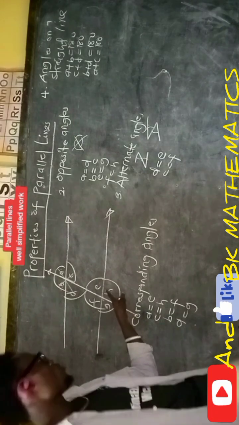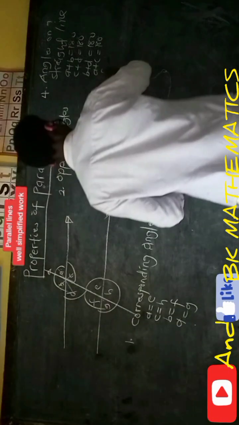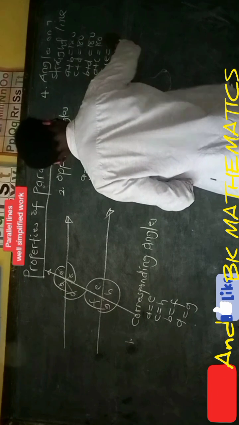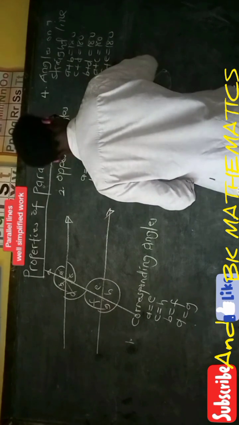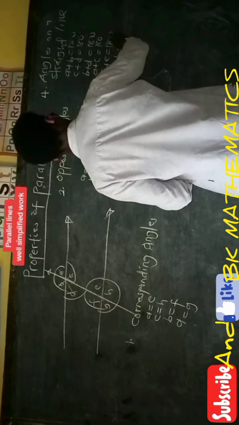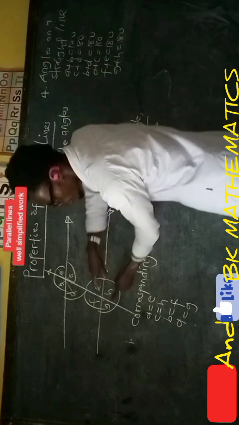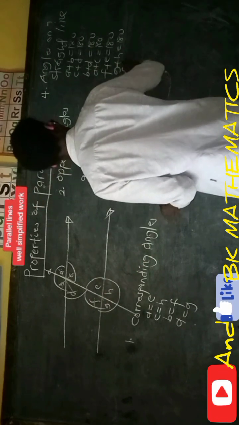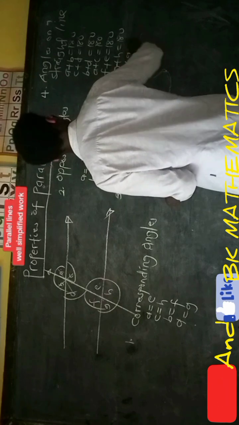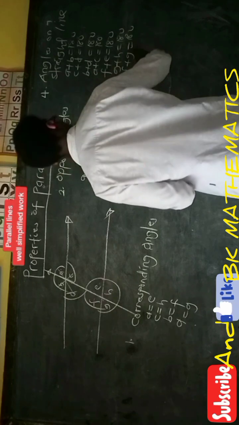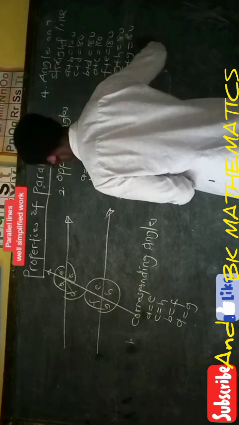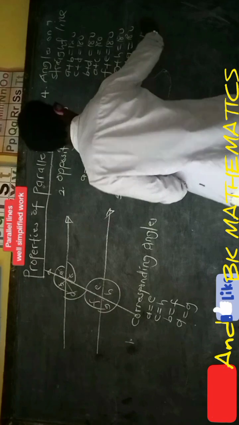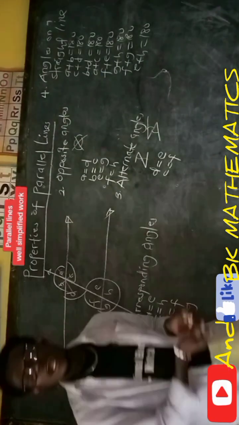We say F plus E is equal to 180. We say G plus H is equal to 180. Similarly, if you look at these two, they are also on a straight line. We say F plus G is equal to 180 degrees, and E plus H, they are also equal to 180 degrees. This is how to identify angles on a straight line.